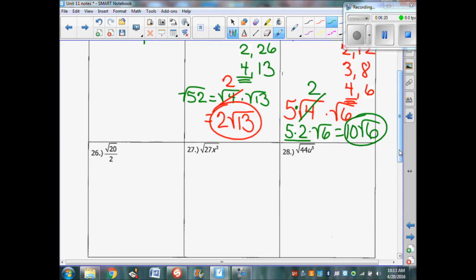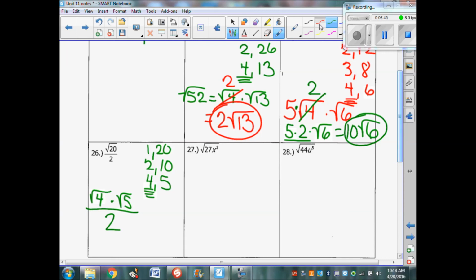26, I've got the square root of 20 all divided by 2. So I've got to take care of that square root of 20. I start thinking about my factors of 20, and I find a 4. So I'm going to rewrite the square root of 20 as the square root of 4 times the square root of 5, and it's all being divided by that 2 on the bottom.